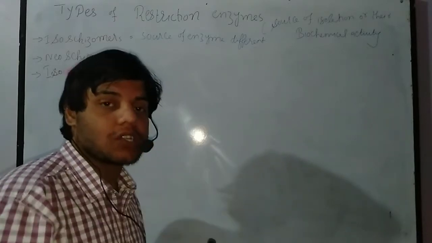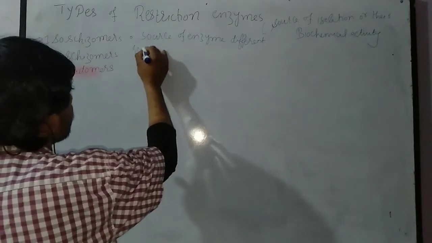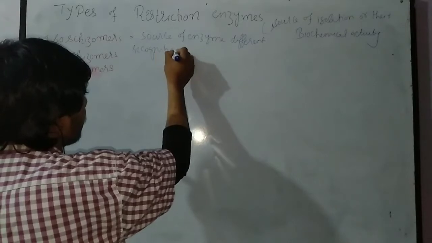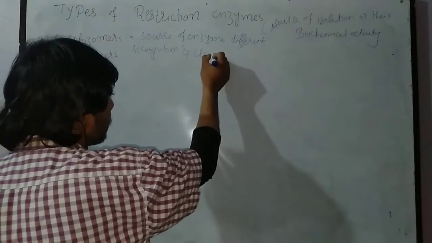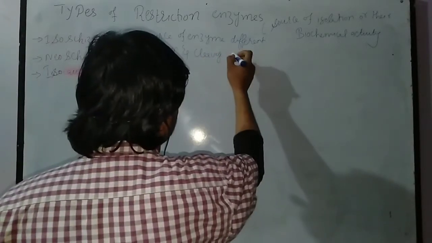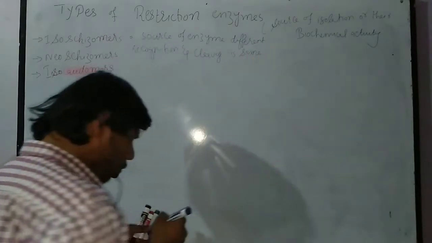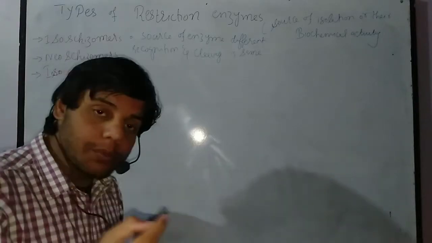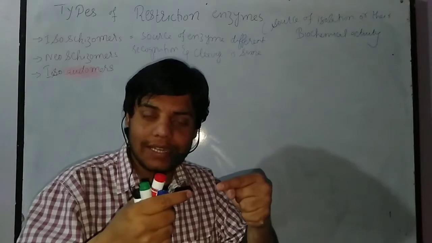Recognition and cleavage or digestion of the DNA is the same, and that is called isoschizomer. As the name indicates, iso means same, so they have the same recognition site.